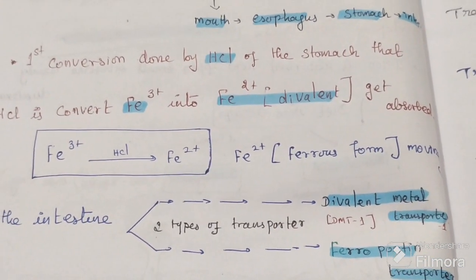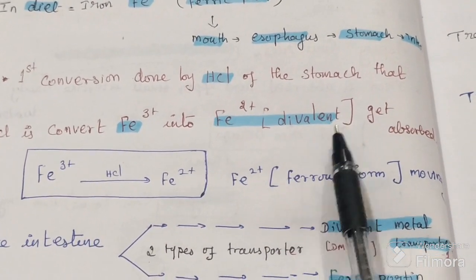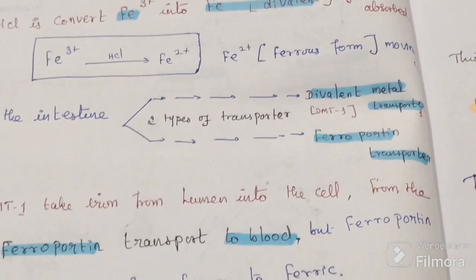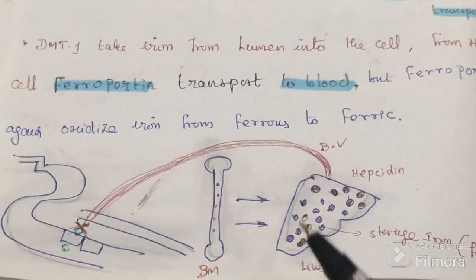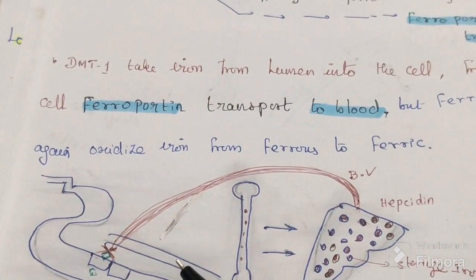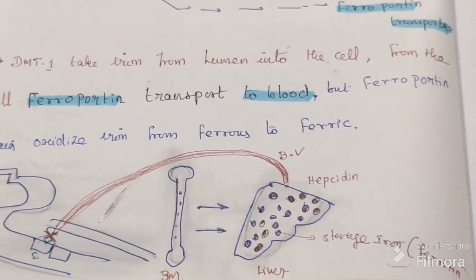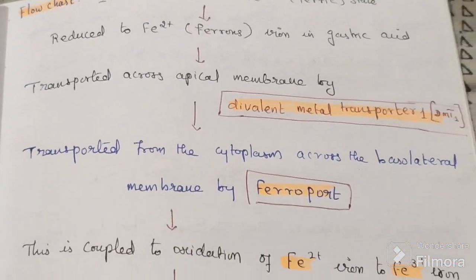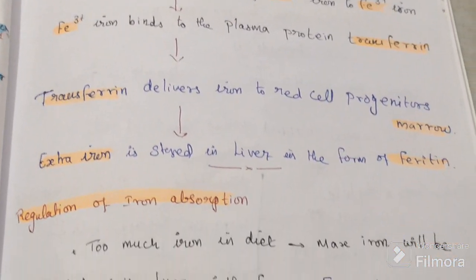So everything will be converted into the divalent form. After that only the absorption process will happen. When it reaches the blood vessels, it is in the ferric form. This is the flowchart format.